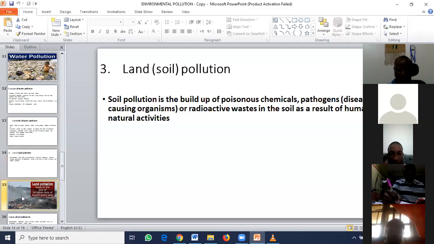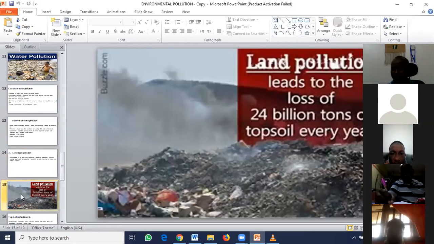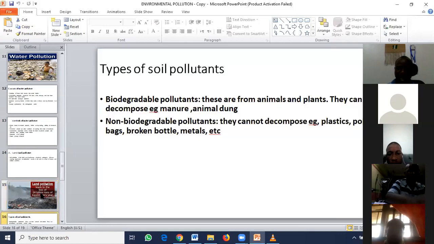So you have seen this image of land pollution. It leads to loss of life, billions of tons of topsoil every year. Then types.